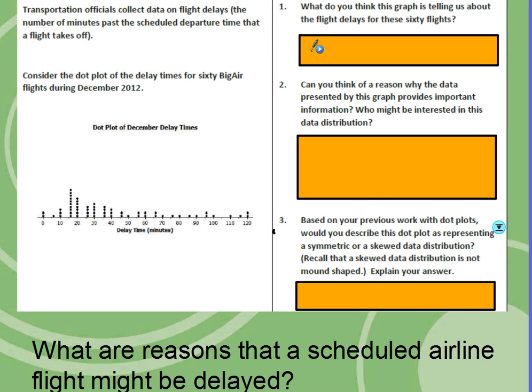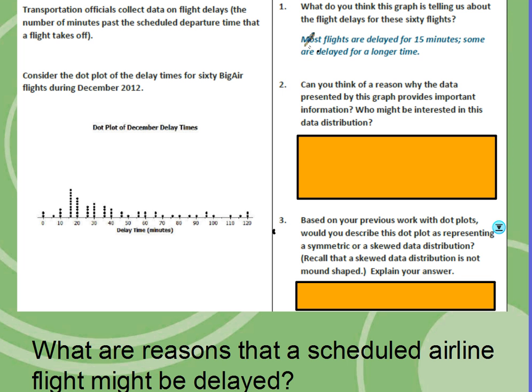Survey says, most flights are delayed for 15 minutes, some are delayed for a longer time. Pass the mic. Alright, can you think of a reason why the data presented by this graph provides important information? So we can decide if the airport is reliable.